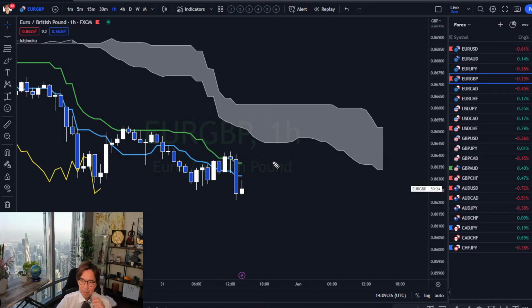I mean range not in terms of the candlesticks or the waves, but in terms of the buyers and sellers power balance being 50-50. And I can tell by the angles of Kumo, Kijun Sen, and Tenkan Sen. So when I see this situation, most likely the market continues to range.